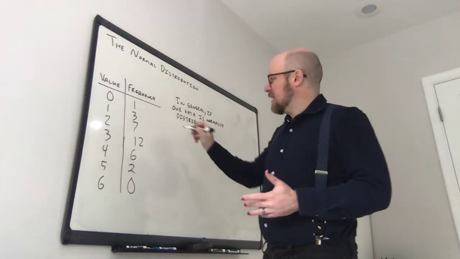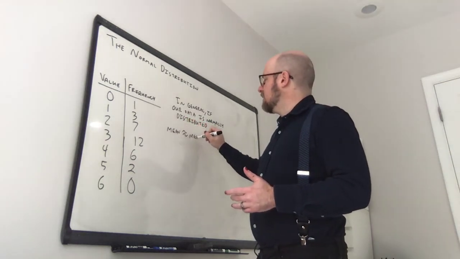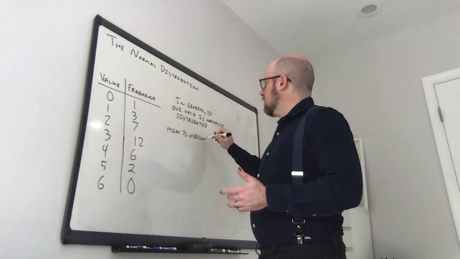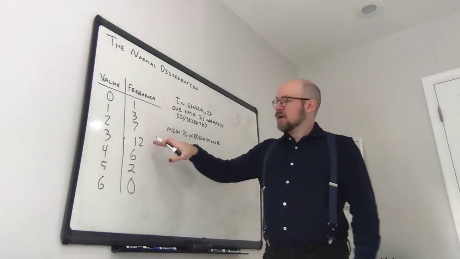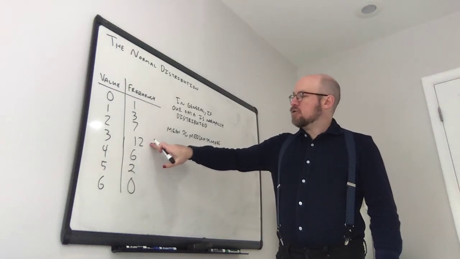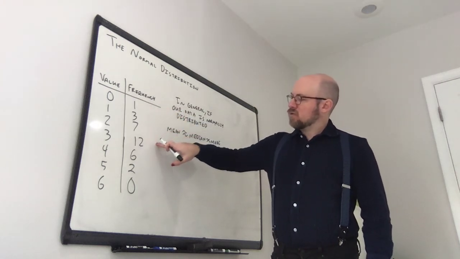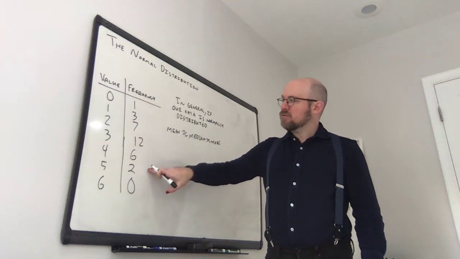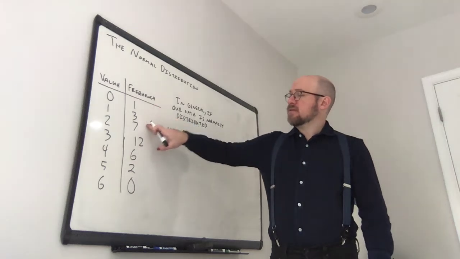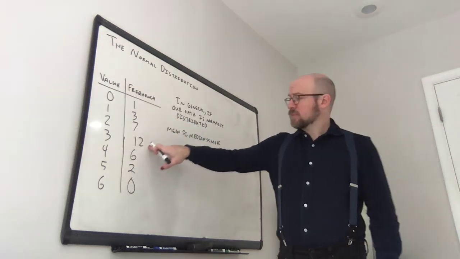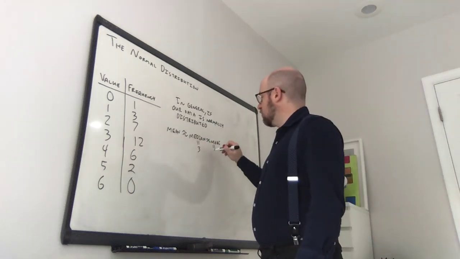They may not be exactly the same, but the mean is going to be approximately the same as the median, which is approximately the same as the mode. You can see in this data, your median and your mode are both 3. If you count up, there are 4, 11, 23, 29, 31 different values here. So the 16th value will be the median, and that's a 3. So your median is 3, and your mode, your most frequent value, is 3.